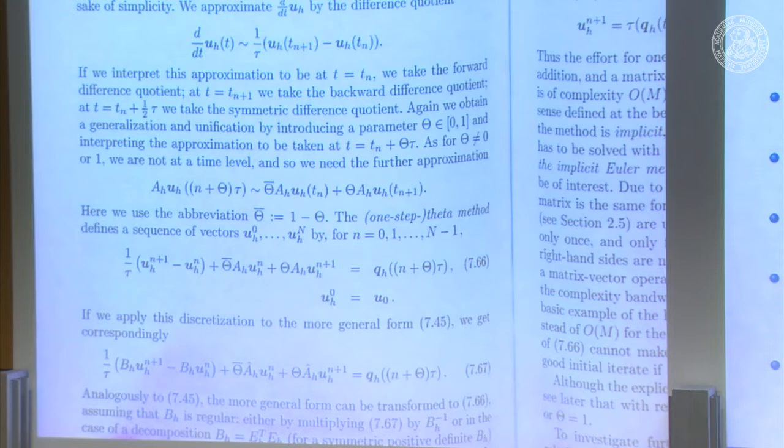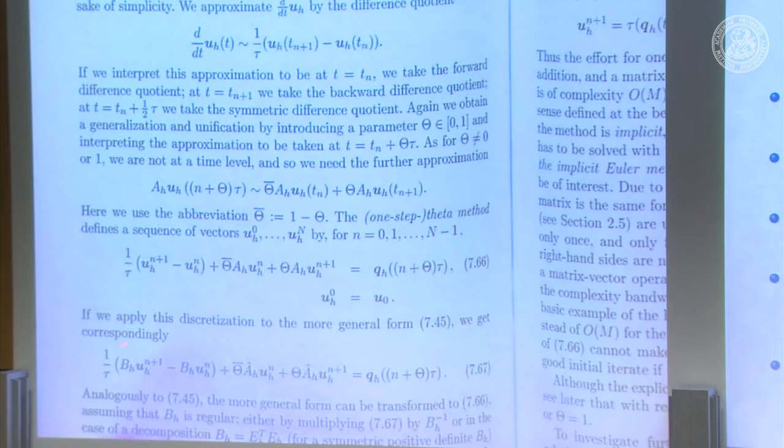Okay. So now, that was this explicit formulation, and what do we do if we have a more implicit formulation? For example, if this comes from a finite element discretization, where we have seen that the mass matrix appears, then the corresponding formula would be this one here.